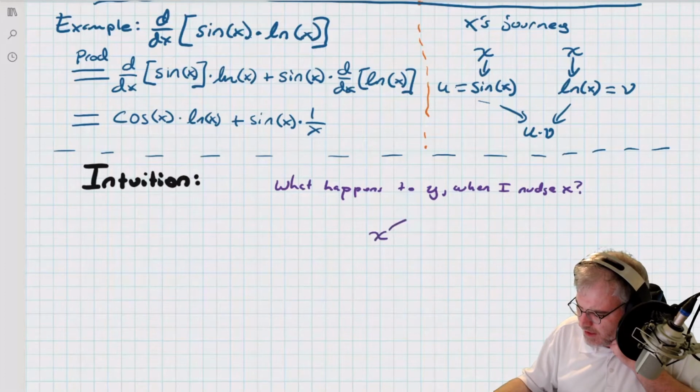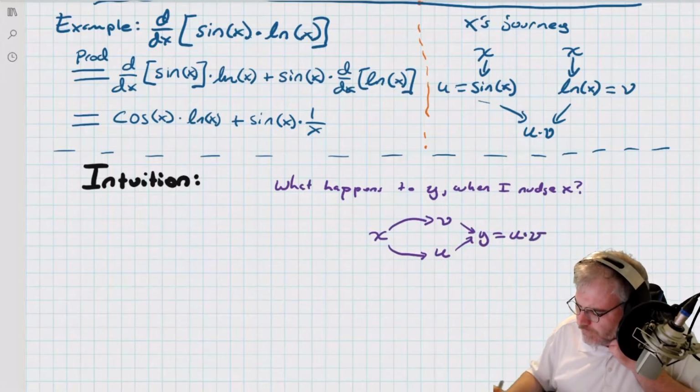X here is going to nudge two things, right? When x moves, v is going to move and u is going to move. And then what I'm going to have is y equals u times v. So the little nudge that I put in x is going to affect v and it's going to affect u.